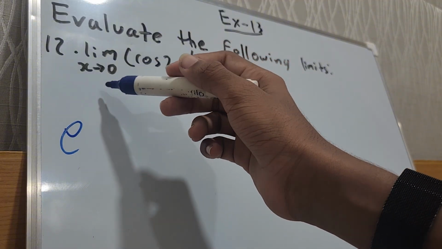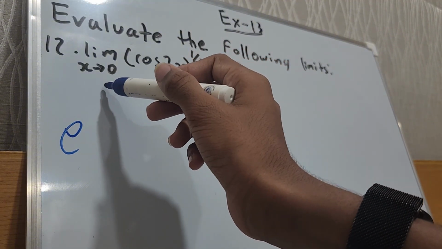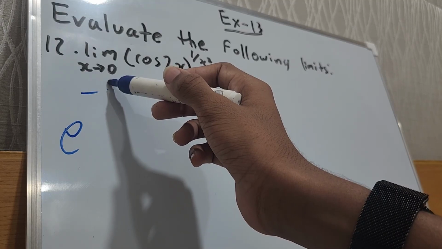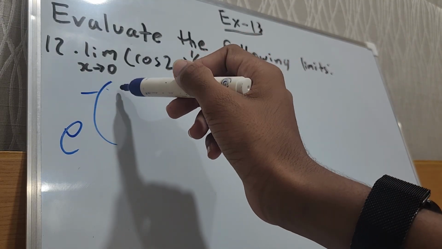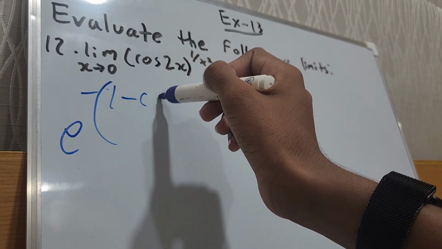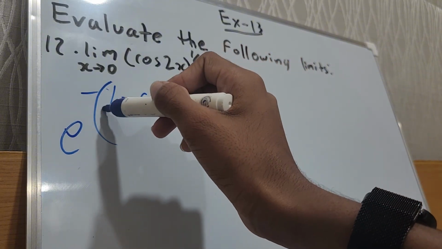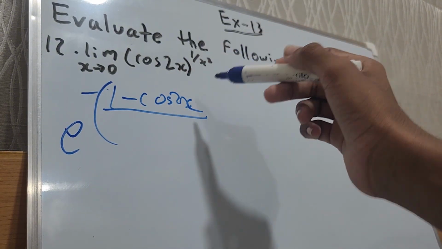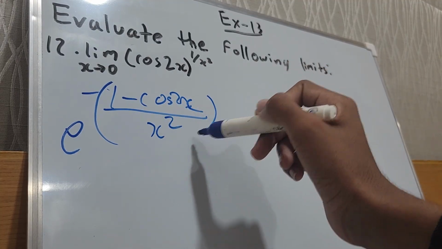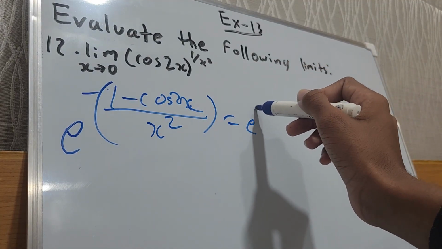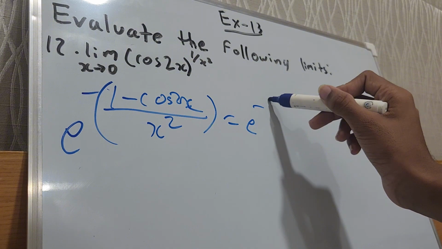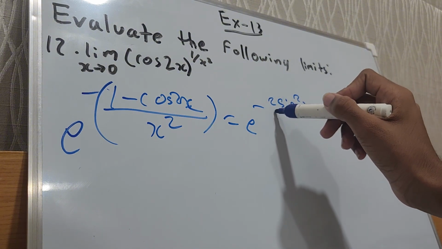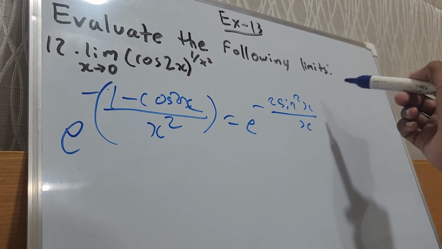We have to write it as cos 2x minus 1, I'll just put minus here, minus of (1 minus cos 2x), and into x square down here. You will get the idea after I do one. This is equal to e power minus 2 sine square x by x square. Do you get the idea now?